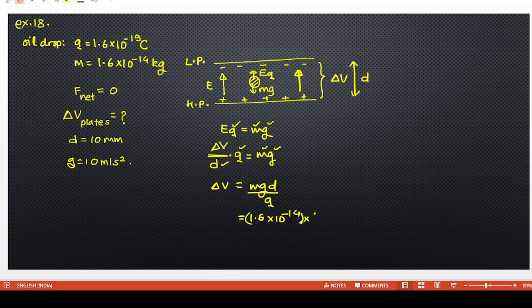Value of g is 10. d value is 10 millimeter, so 10 into 10 raised to minus 3. Whenever you do replacement, put the bracket. Charge value is 1.6 into 10 raised to minus 19.